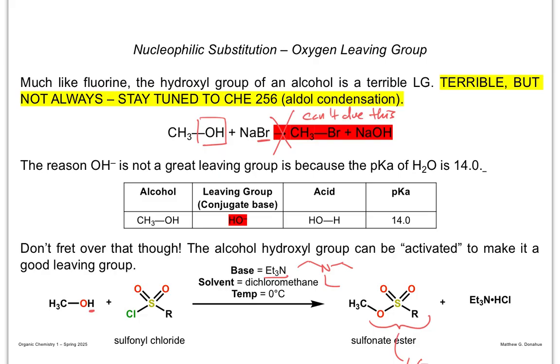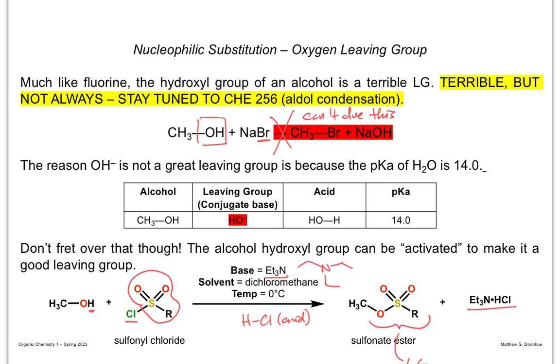The H gets removed, it gets replaced really by all of this stuff. And so the byproduct of that is HCl. So that's an acid. That's why we use the triethylamine as the base to neutralize that.